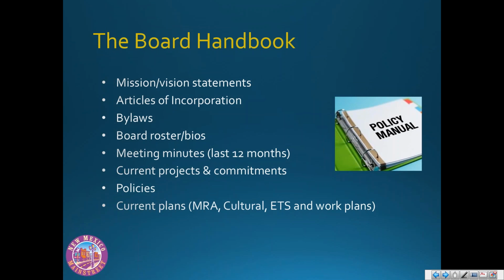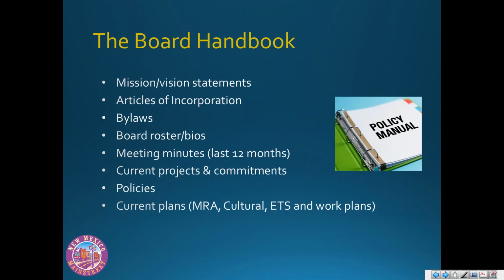You should have in the handbook as well a listing of not only of your current projects but your current commitments. It's important for a new board member to understand, oh, we have committed A, B, and C in our partnership with the city. We have committed these things in our partnerships with New Mexico MainStreet, right?